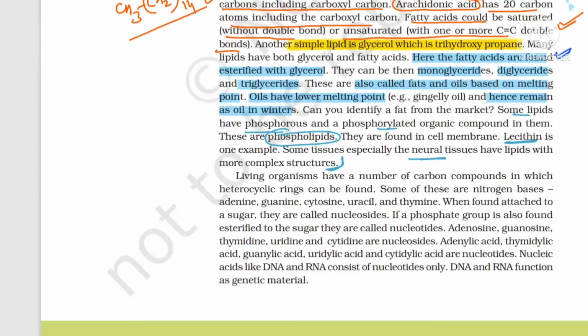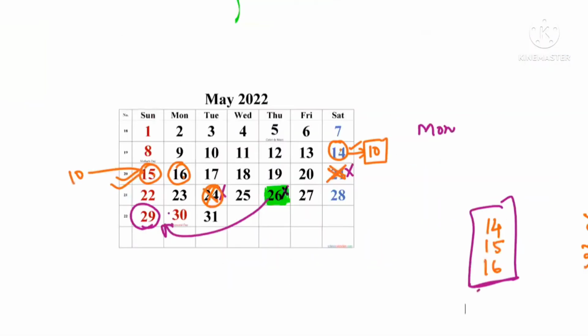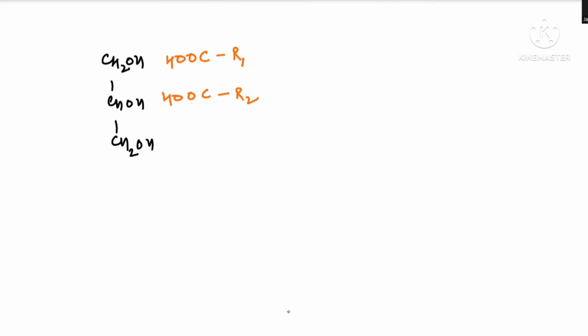So I hope this much of the topic is clear to you. Let me explain how the triglyceride bond is made so that you can remember it properly. This was your glycerol. Now you are adding fatty acids, R1COOH, R2COOH.